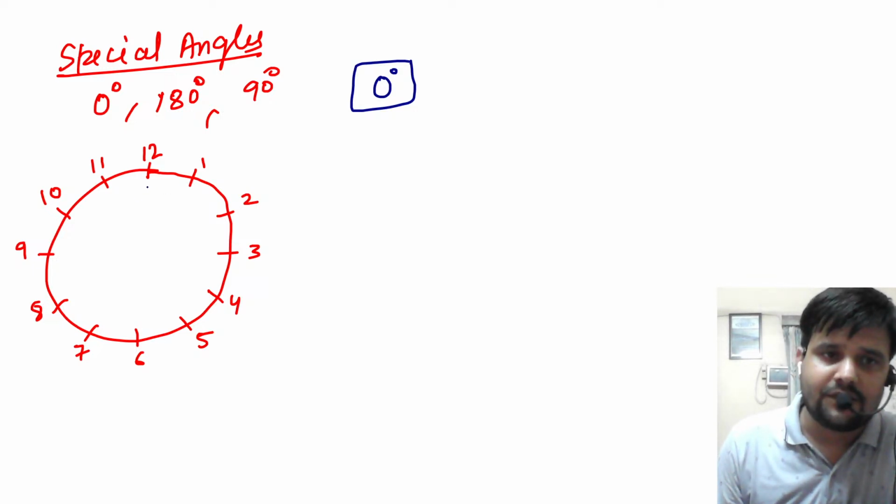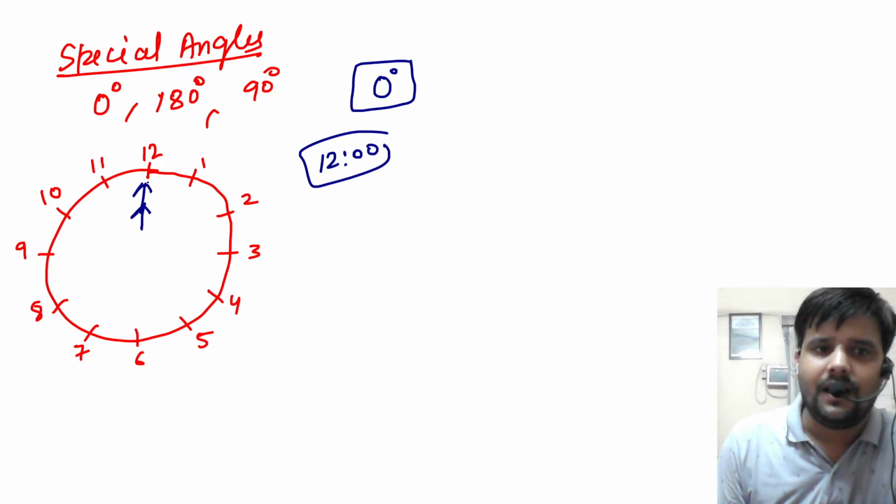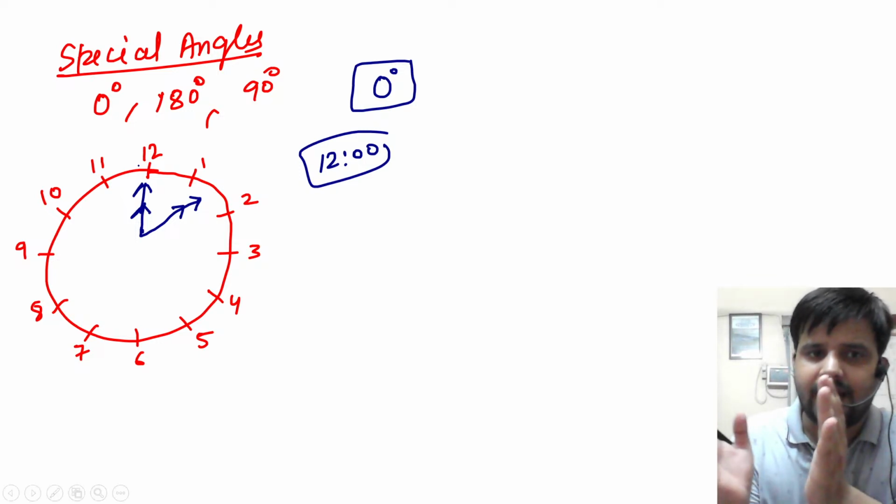So the first instance of that would be exactly at 12. Exactly at 12, the needles will be over each other. Getting my point? After this, what will happen? They will be coinciding, or making 0, somewhere between 1 and 2. At 1, the hour needle will be at 1 and the minute needle at 12, so the angle will start reducing.